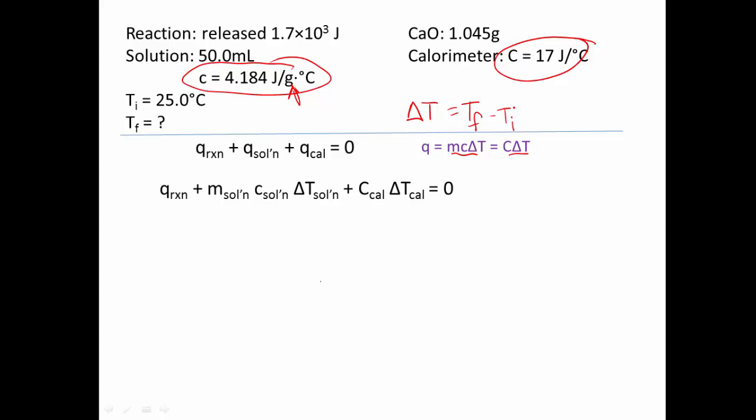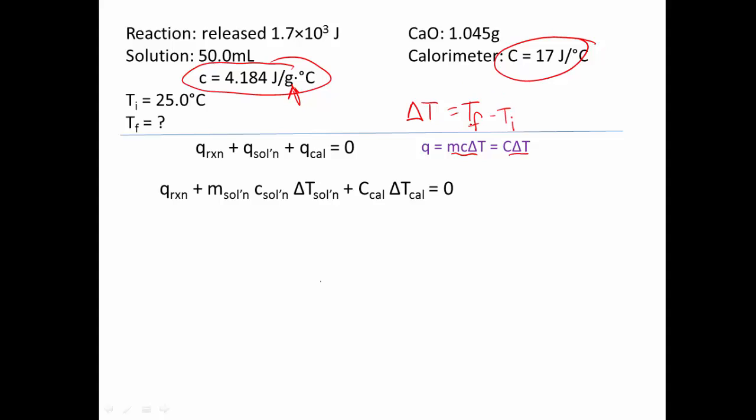In all of these problems, we can assume that the final temperature of everything in the system is going to be the same. And since we're only given one initial temperature, that means that our solution and our calorimeter are starting at the same temperature. So actually, our delta T's for the solution and the calorimeter are going to end up being the same.